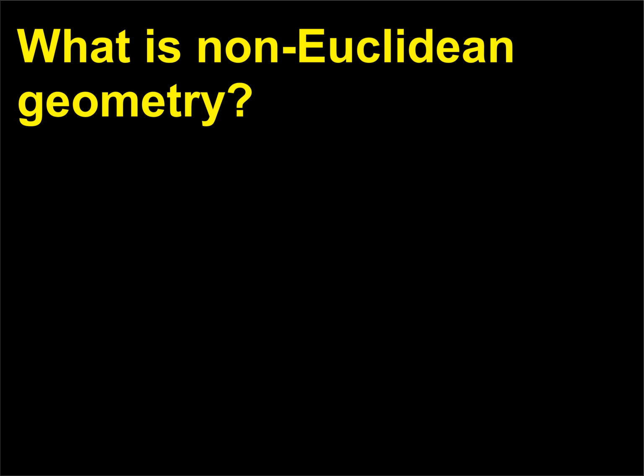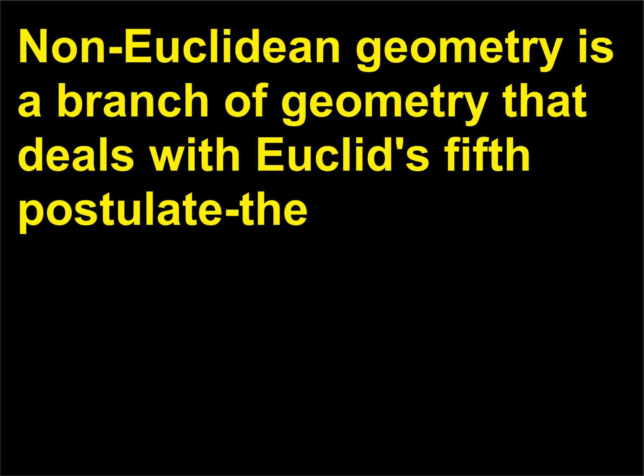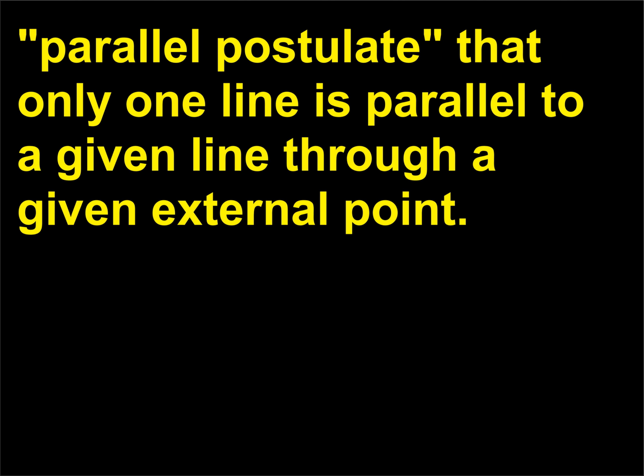What is non-Euclidean geometry? Non-Euclidean geometry is a branch of geometry that deals with Euclid's fifth postulate, the parallel postulate that only one line is parallel to a given line through a given external point.